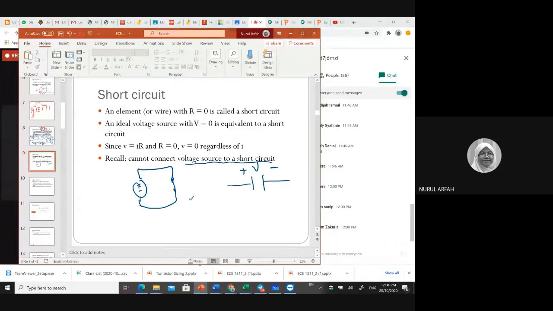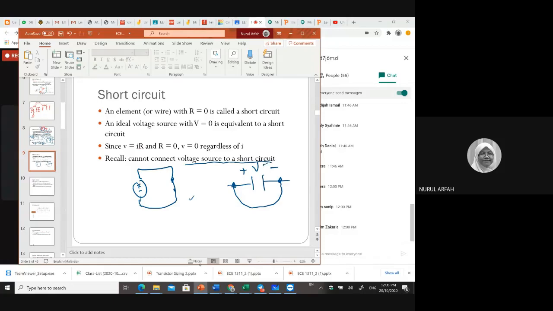How are you going to have an uncharged capacitor? How do you do that? Any idea? If you want to uncharge your capacitor, you just short circuit both terminals.